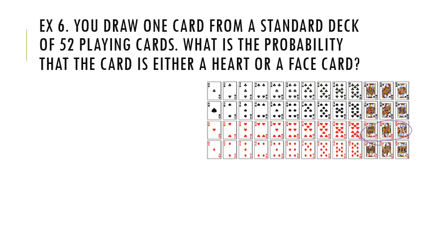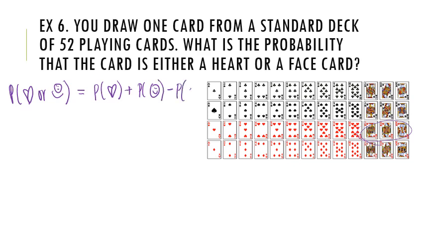So their outcome is going to be probability of heart or face, which is going to be probability of heart plus probability of face minus probability of heart and face. All right, so what's the probability of getting a heart?